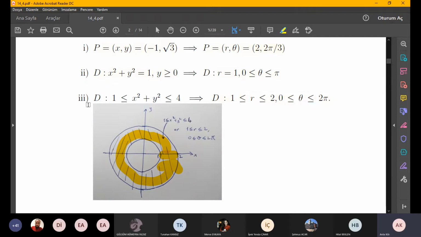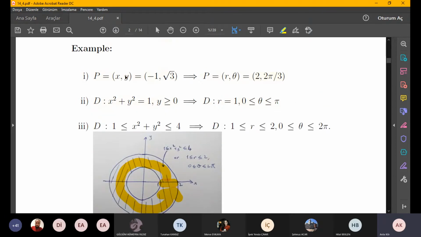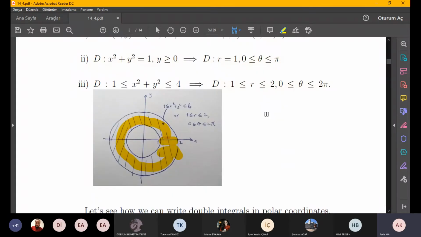Why do we try to define those areas or points in polar coordinates? Because it is much easier to calculate double integration in x and y simple domains.